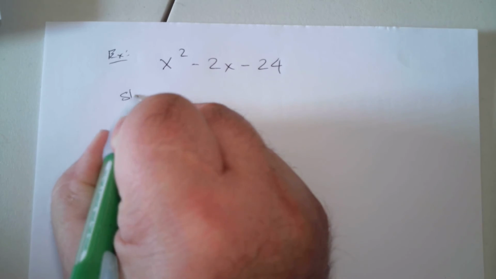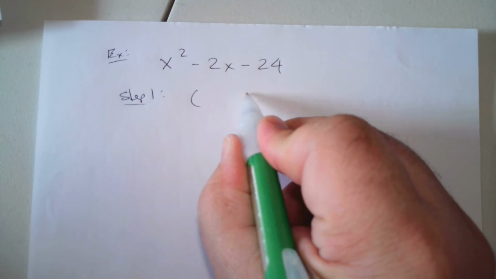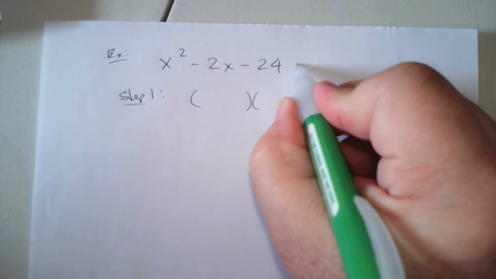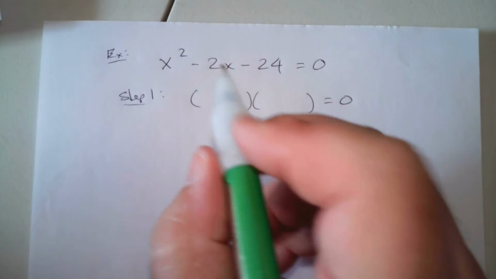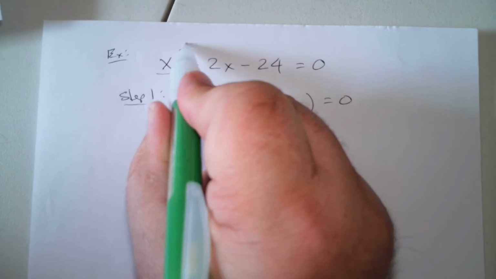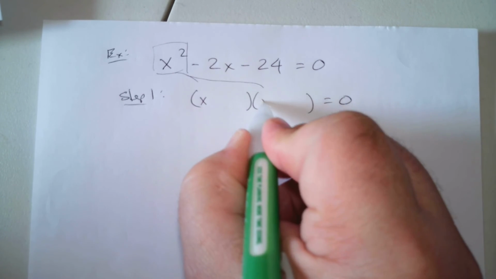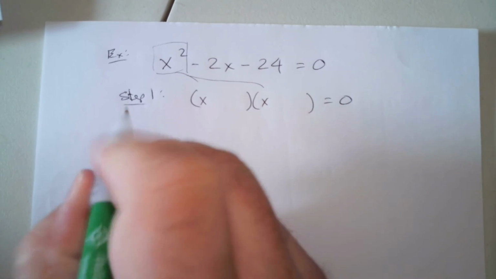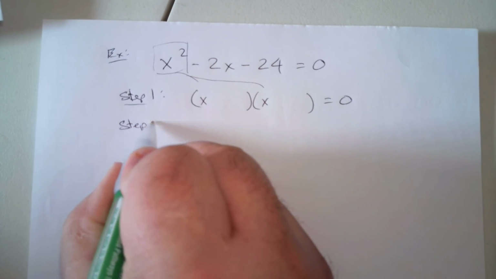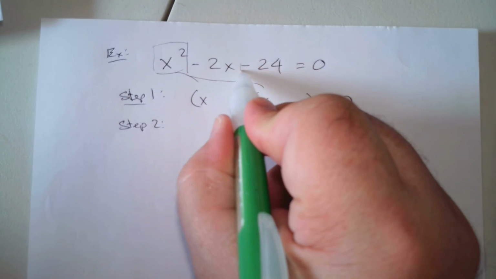So step 1. Since it's quadratic, we're going to try to factor. Okay, so this equals 0. It's got to be in standard form. The first term, what equals x squared? X times x. Step 2, look at the second sign.